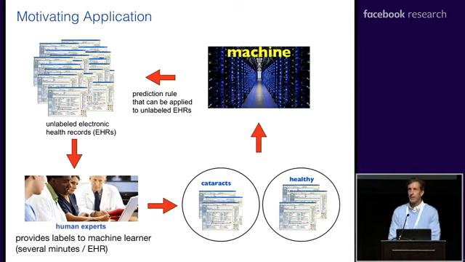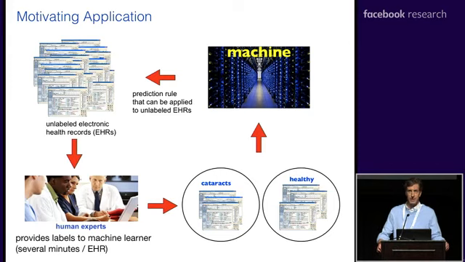So let me explain this idea with a motivating application. This is something that I've worked on a bit with people in health and medicine. They're interested in developing machine learning systems that can predict disease outcomes from electronic health records. And this kind of closed loop, human in the loop, active learning process looks something like this. We have a large database of unlabeled electronic health records. We have a team or an individual human expert who provides labels to a machine learner. Labeling one electronic health record can take an expert several minutes to do, so it's a kind of expensive labeling process.